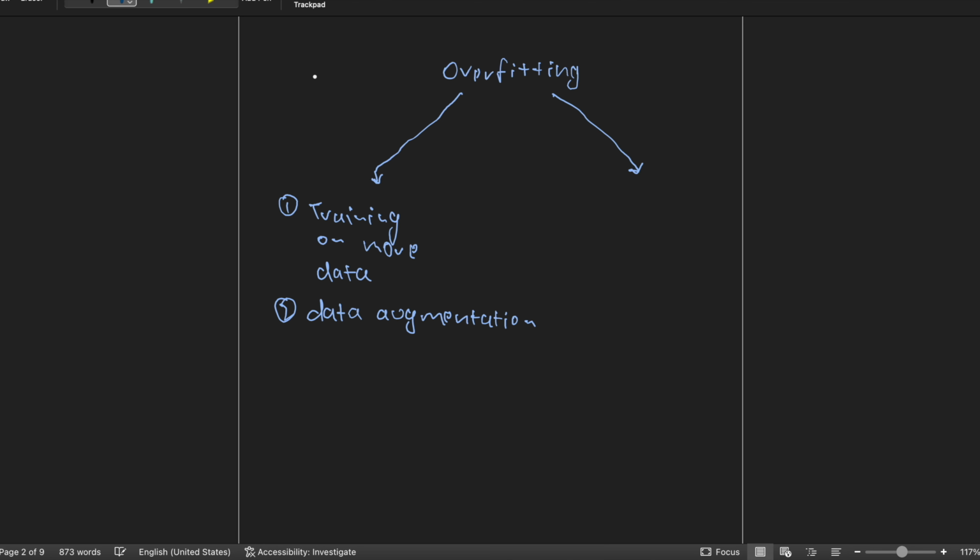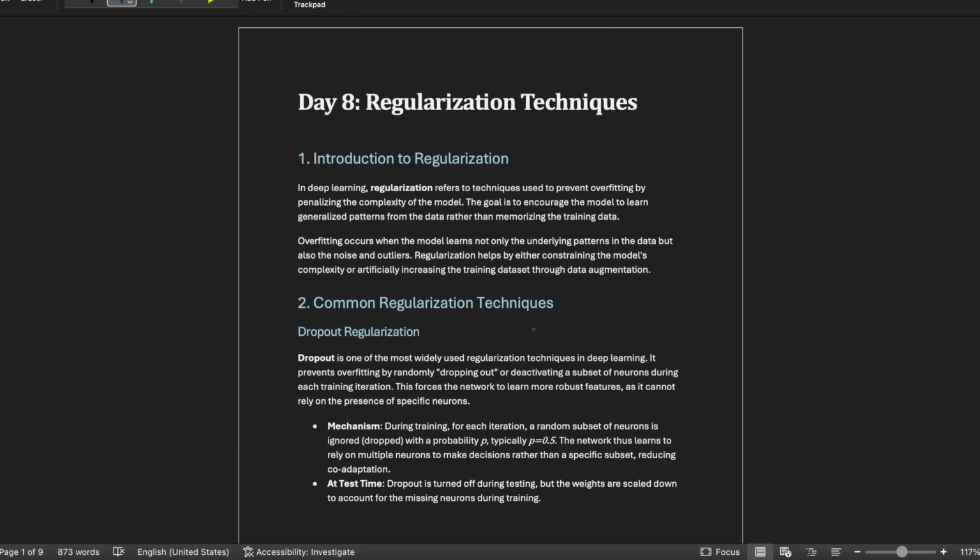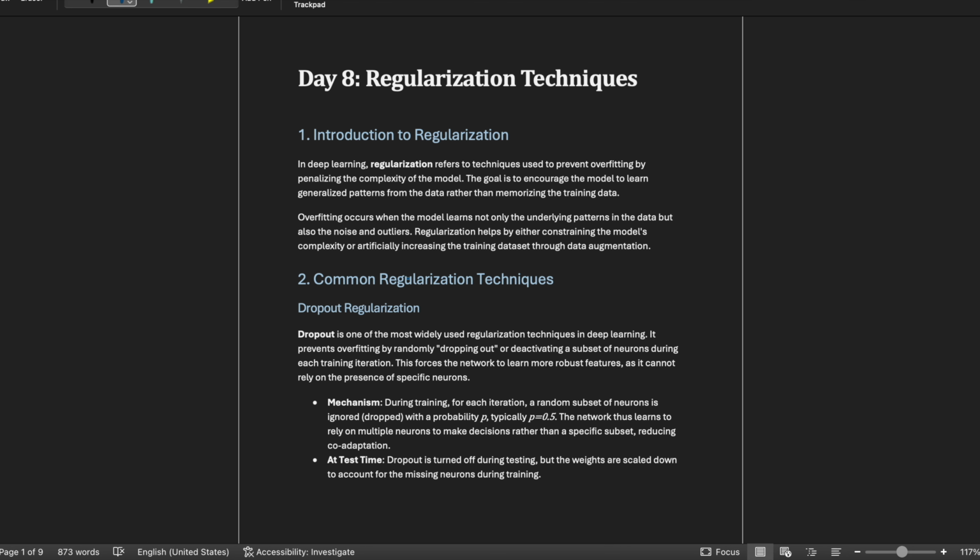You can also apply different regularization techniques. These are the measures you can take. The same thing is written here: we can increase the training data set through data augmentation.